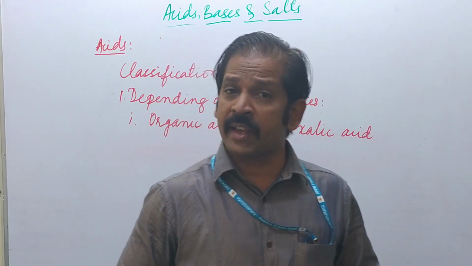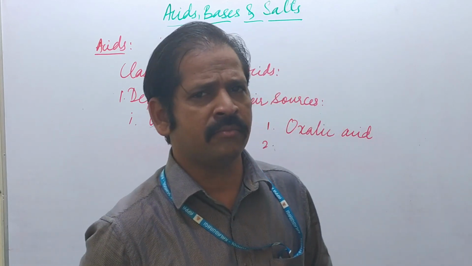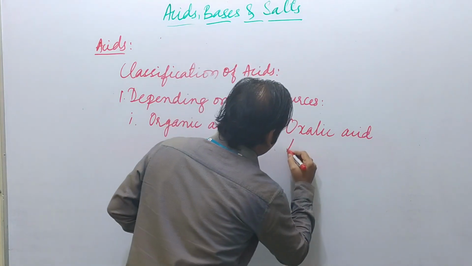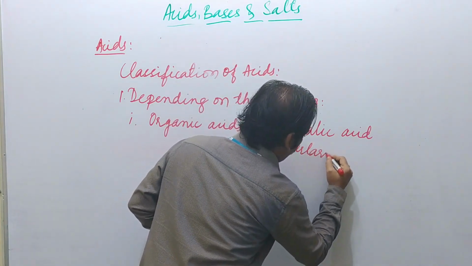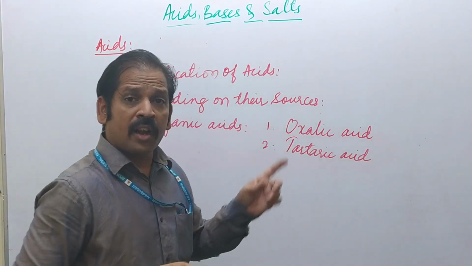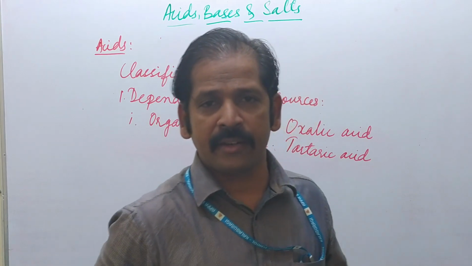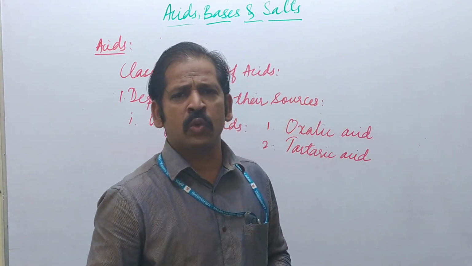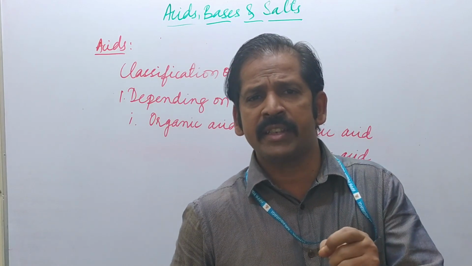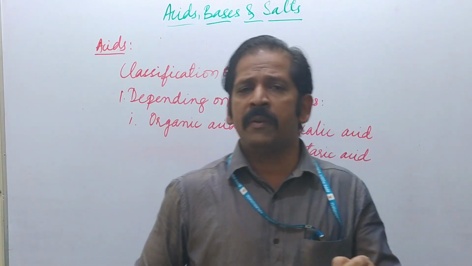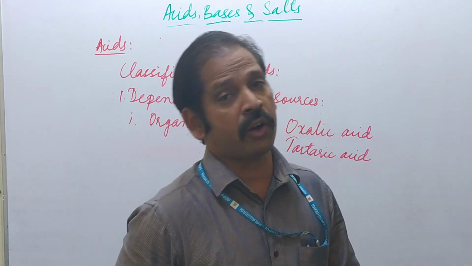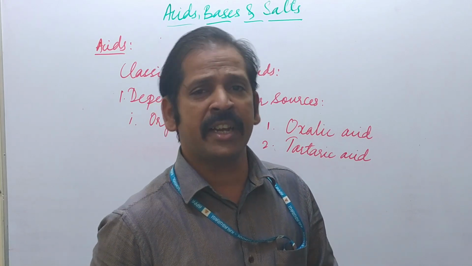Next, tartaric acid is available from the tamarind. The third one is citric acid. All of you are familiar with citric acid, and it is available from fruits like lemon or orange.